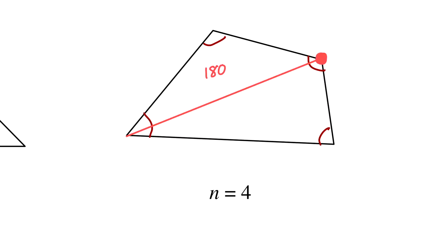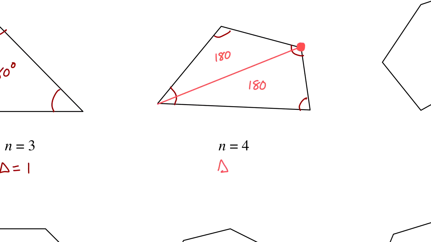And then the ones at the bottom, the rest of that angle, these 3 should add up to 180. So that's 180 and 180. So we had a total of 2 triangles.